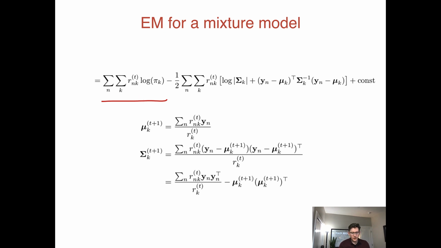If we want the partial derivative with respect to mu, it's just this quadratic thing here, and same thing goes with sigma. So I'm not going to do the derivative here. I recommend doing it as an exercise. It's not too hard at all. And once you do that and set it to 0, you get these expressions here, which are pretty intuitive.